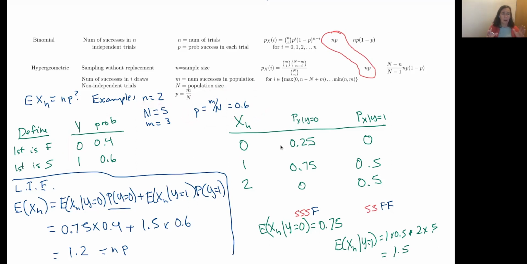Okay, so the fact that the trials are not independent does affect the probabilities of the actual outcomes. And we'll talk in a minute about the fact that it affects the variance, but it does not affect the expected value. Okay, so that's pretty cool. But like I say, there's some things to talk about with the variance as well.